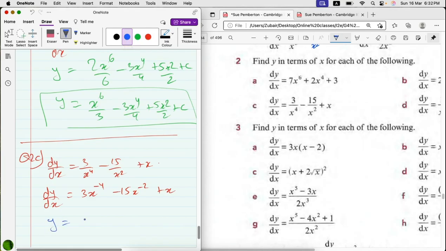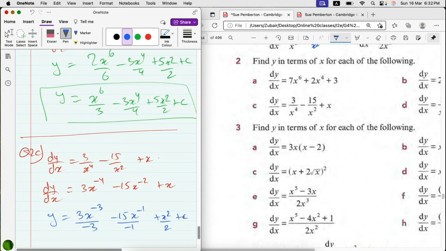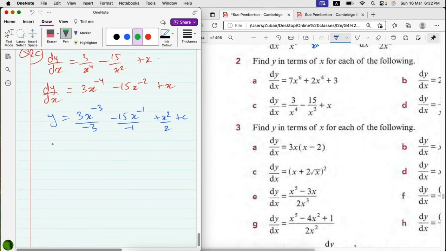Now y is equal to 3x power plus 1 over new power minus 15x power plus 1 over new power plus x squared over new power plus c. And now we simplify. y is equal to, I'll do it in two steps. 3 cancels out. This is just minus x to the minus 3. Minus minus cancels out. Plus 15x to the minus 1. x squared by 2 plus c.